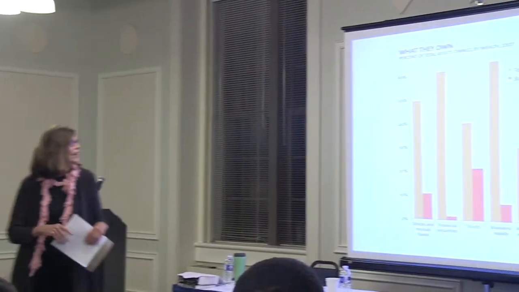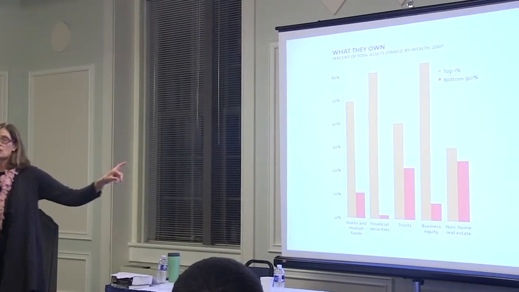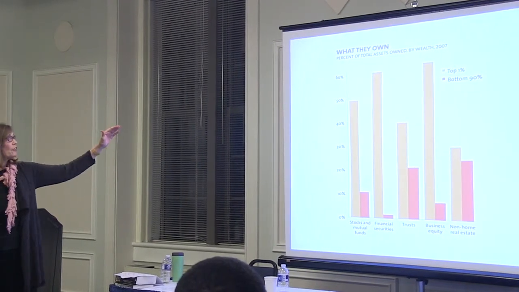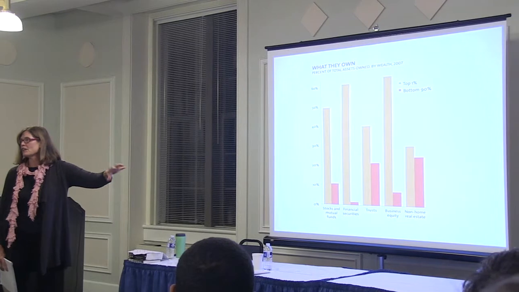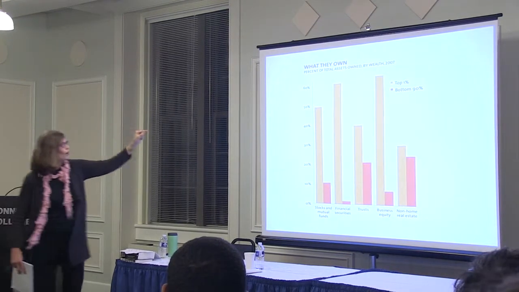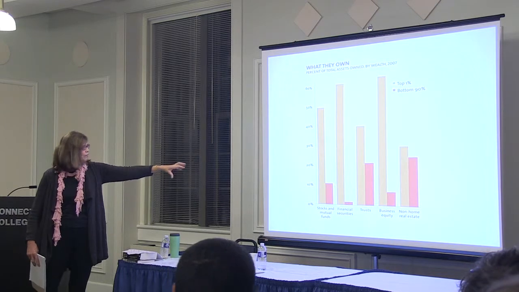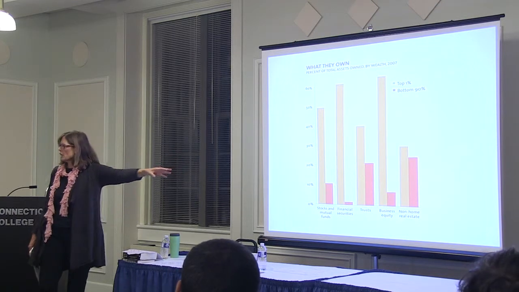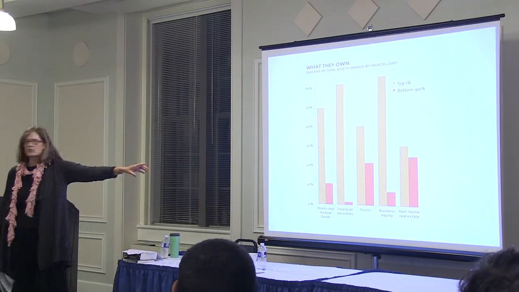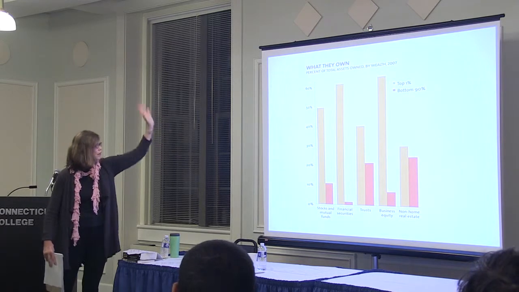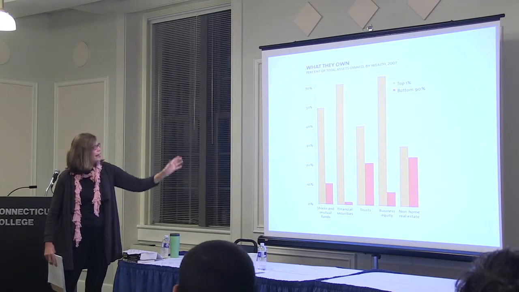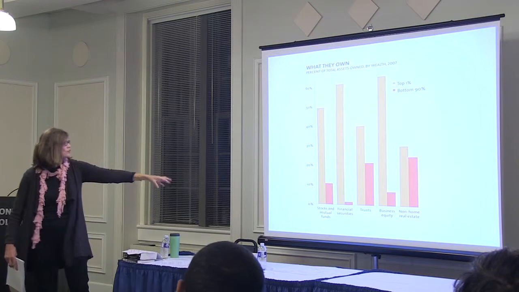Of course, people's income is also partly a function of their assets. And so what this chart shows you is the percent of different types of assets that are owned by the top 1% and the bottom 90%. So the bottom 90% are those short little orange columns. And of course, the big yellow columns are the top 1%. And the categories are stocks and mutual bonds.